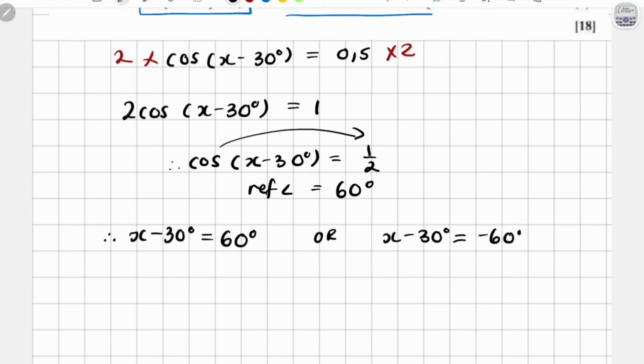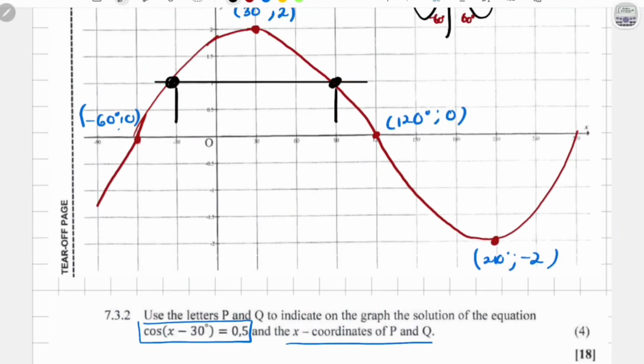That will get those two solutions on the side with the cos graph. And so x is equal to, we take the negative 30 over, and that becomes 90 degrees when added to the 60. And if you take the negative 30 over for the negative 60, that becomes a positive 30, so negative 60 plus 30 is negative 30 degrees. You see your x values are x equals 90 degrees and x equals negative 30 degrees.